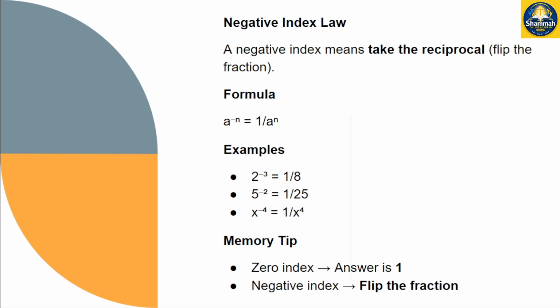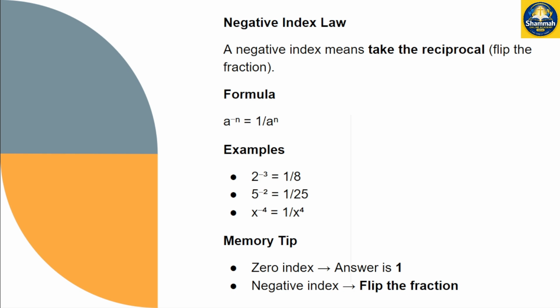And what is 5 squared? 5 squared is 25. So our answer will be 1 over 25. And the last example there, we have x raised to the power minus 4. Alright, so our answer here will become 1 over x raised to the power 4.